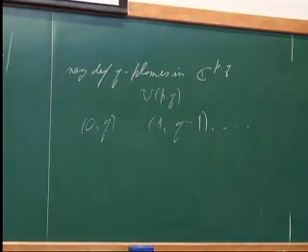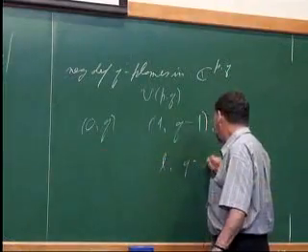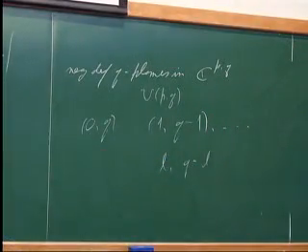Now, suppose I look at something of signature, say, L and Q minus L. What's its stabilizer?